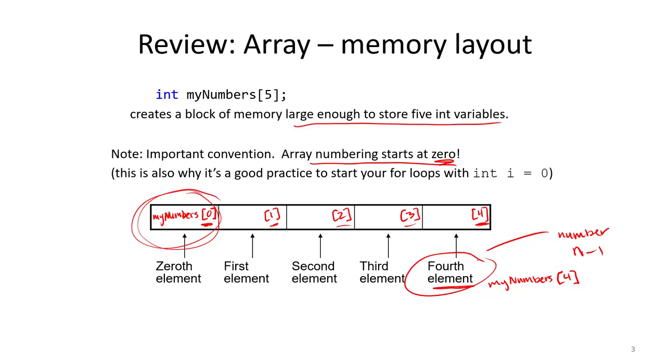Last one will be the total number minus 1. And because of this numbering convention, that's also why most commonly we want to start our for loops with our counting variable initialized to 0. Often we use for loops to manipulate arrays, so we want to make sure we don't forget about our element number 0 when processing our arrays with a for loop.